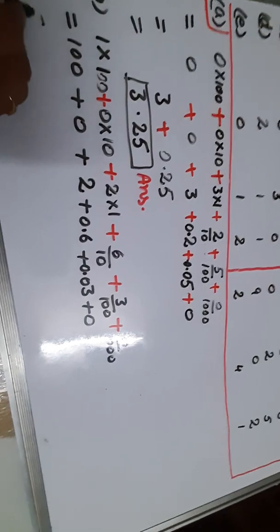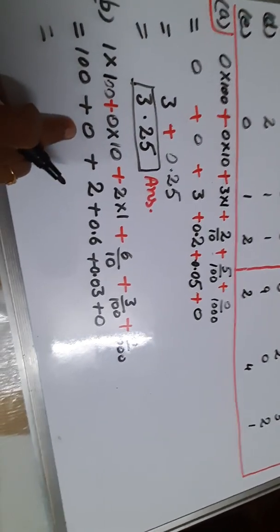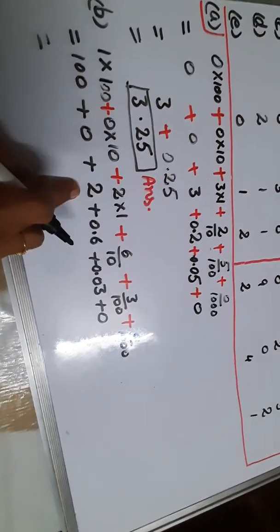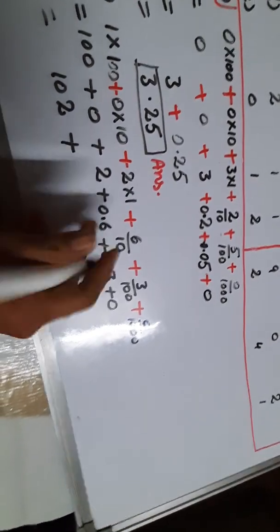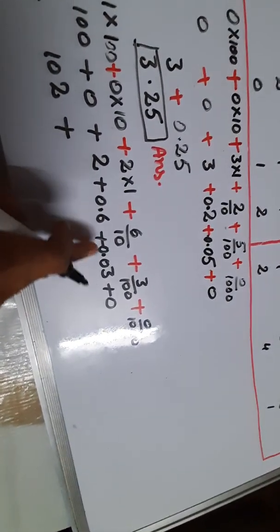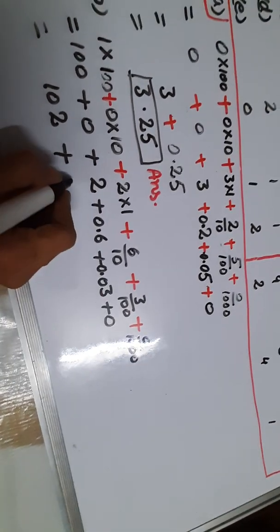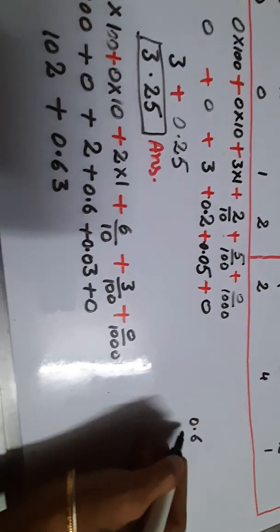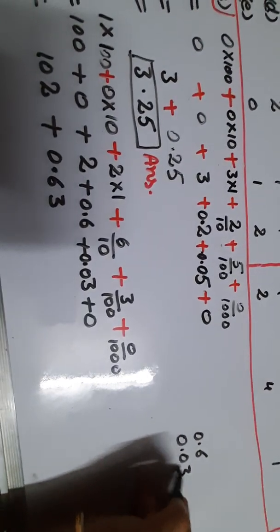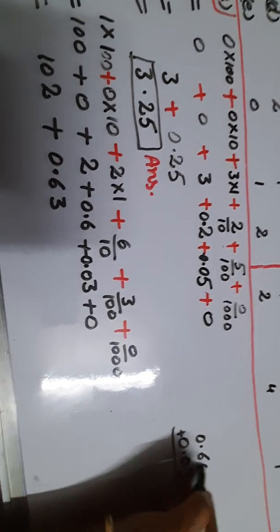So let us add. 100 plus 0 is 100, plus 2, 102, plus 0. This is 102. And when you add 0.6 and 0.03, you will get 0.63. 0.6 and 0.03.